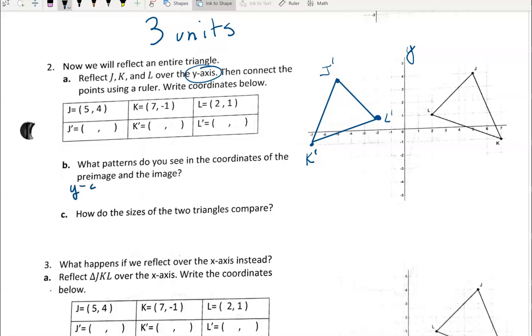However, for each of the x coordinates, for K it's 7, and K prime it's -7. For L it's 2, for L prime it's -2. For J it's 5, for J prime it's -5. So y coordinates are the same, and x coordinates are the opposite.